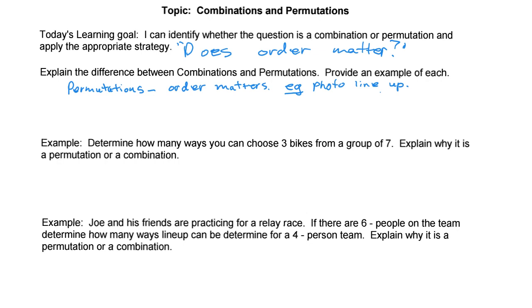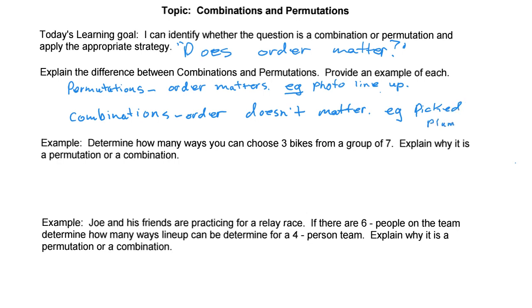When we talk about combinations, we have to understand that order doesn't necessarily matter. An example of this would be when we picked groups, like the plumber problem. Or if you have 20 balls and you're just picking 3 of the balls, but you can't identify which ball is which.